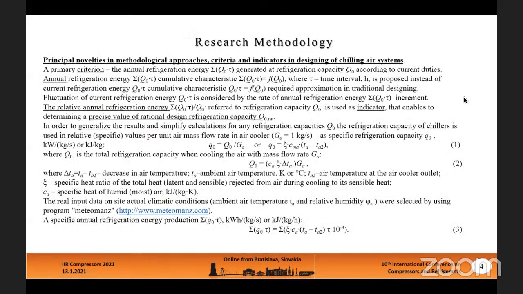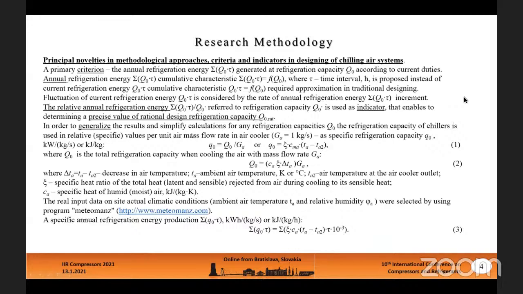The main statements of the research methodology are presented here. As a primary criterion, the annual refrigeration energy generated at refrigeration capacity according to current duties is used. The relative value of refrigeration energy referred to refrigeration capacity is used as an indicator that enables us to determine a precise value of rational design refrigeration capacity.